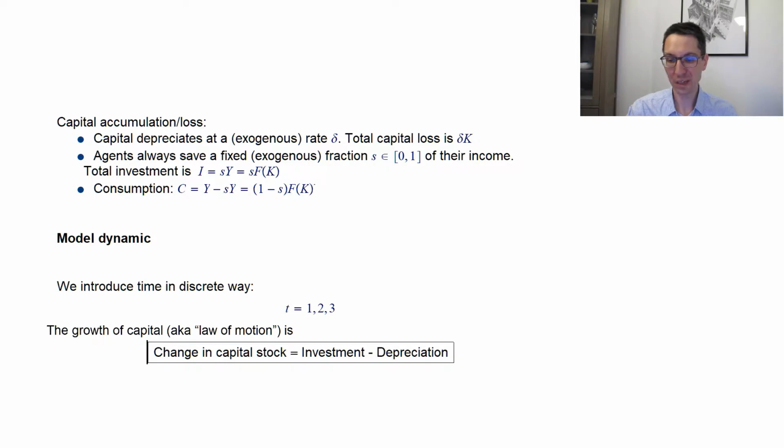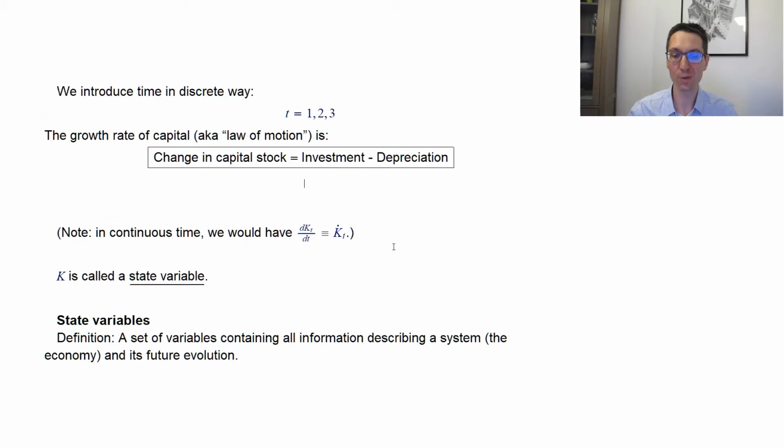And finally, we can talk about the growth rate of capital. This we call the law of motion. It's the rate at which capital will change. And what is it? Well, we already know that there are two ways to change capital: by investment and by losing capital through depreciation. So how do we write this?